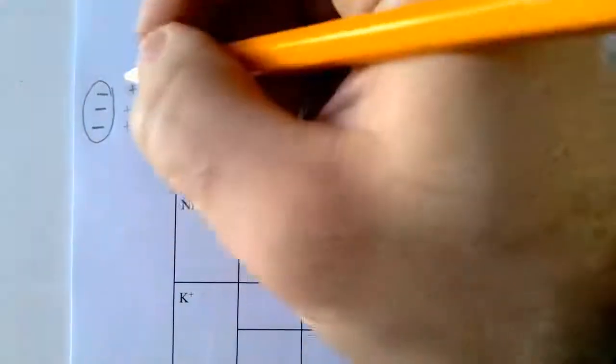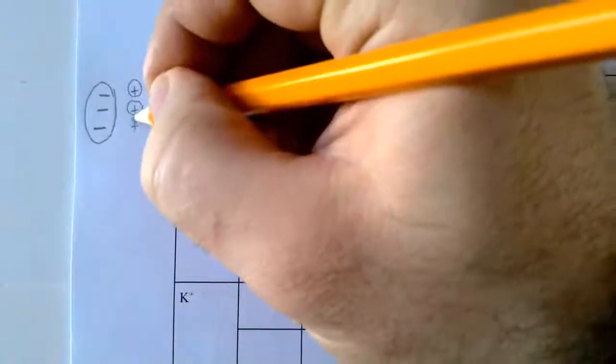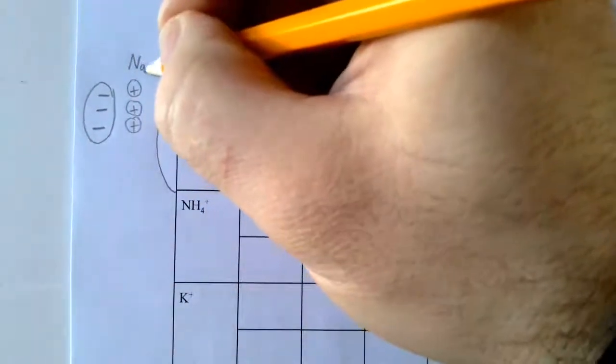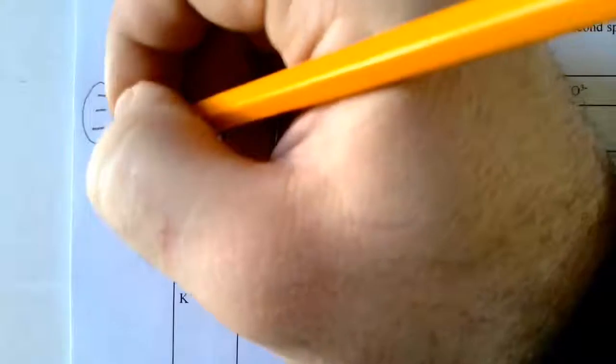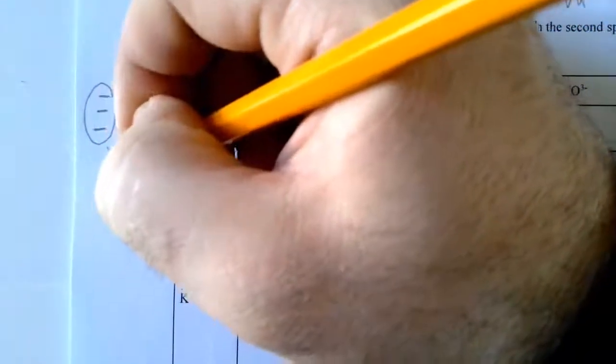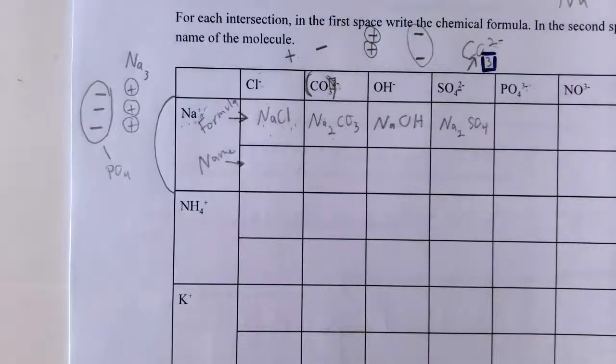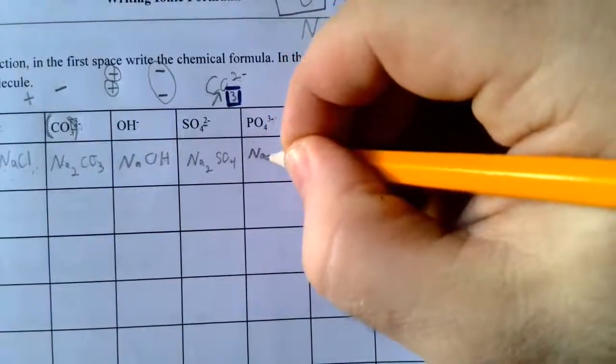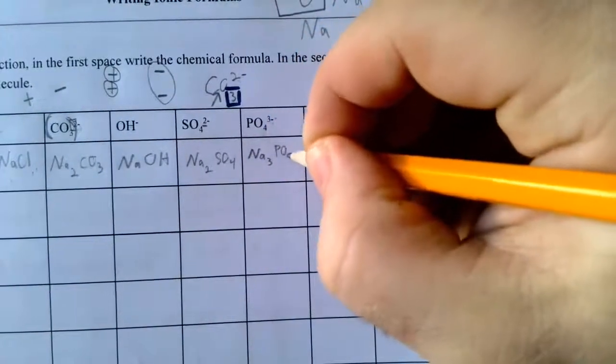And since I'm using sodium, I can only bring 1 positive per sodium. So I'm going to have 3 sodiums for every 1 PO4. Okay? So when I write this, I identify that by saying Na3PO4.